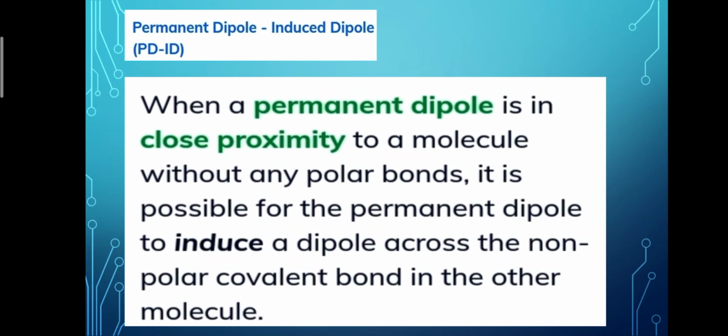Permanent dipole and induced dipole, PD-ID interaction. When a permanent dipole is in close proximity to a molecule without any polar bonds, it is possible for the permanent dipole to induce a dipole across the non-polar covalent bond in the other molecule.